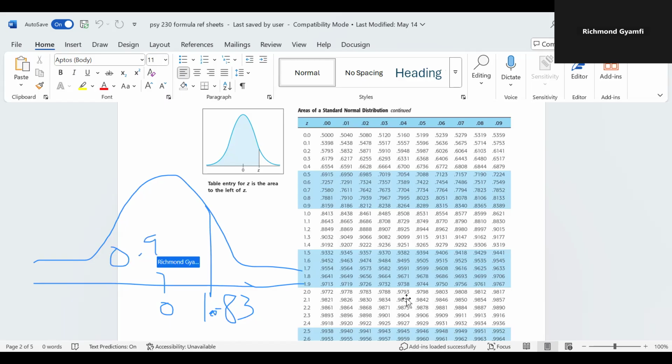This is area to the left. And then here you have 1 minus 0.9664. And you put this in a calculator, you're getting what? 0.0336. And that's it. All right.